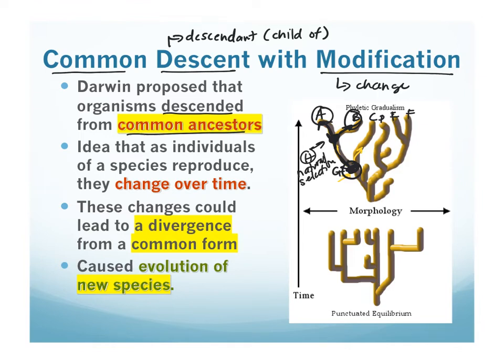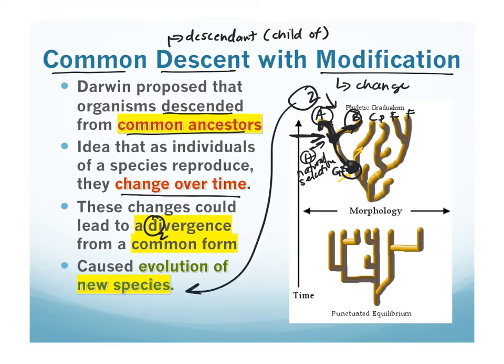event, okay? And the idea is that as individuals of a species reproduce, they change over time. And these changes could lead to a divergence from a common form, okay? So the divergence would be at this point here, where di means to split into two, right? Di means two, and there's a splitting into two different branches, and the common form would be right here with H. And at this point where they split, you have two new species that are formed.